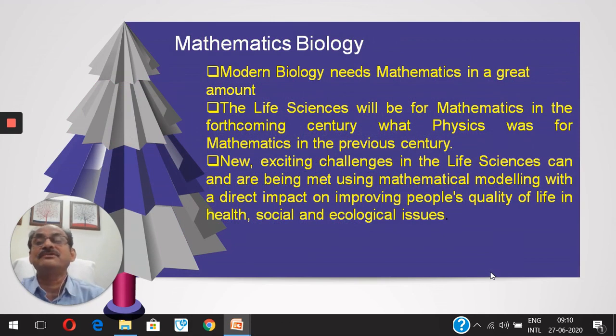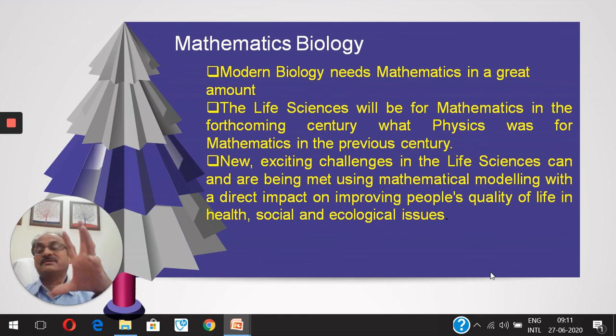This is mathematics and biology. Modern biology needs mathematics in a great amount. The life sciences will be for mathematics in the forthcoming century what physics was for mathematics in the previous century. New exciting challenges in the life sciences are being met using mathematical modeling, with direct impact on improving people's quality of life, health, social and ecological issues.